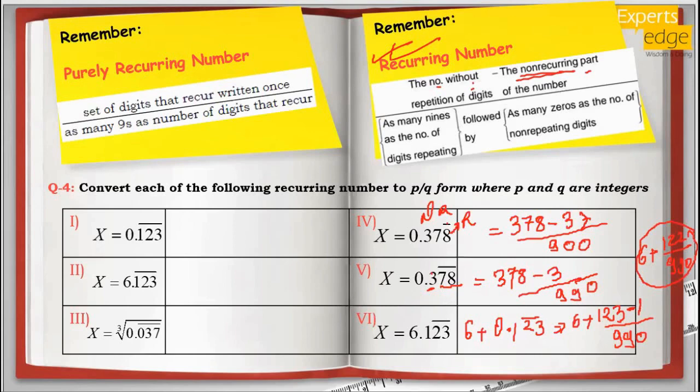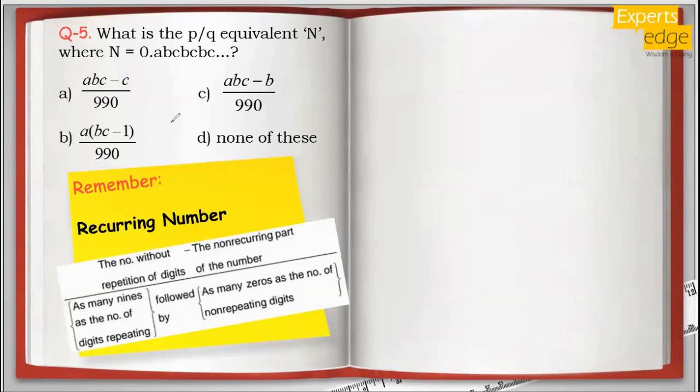Let's solve some questions. What is this saying? The P by Q equivalent of A, B, C, B, C. That means BC is my recurring part. So basically N is equal to 0.A, B, C bar.